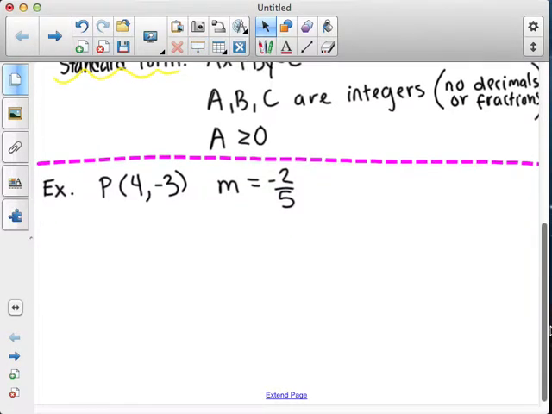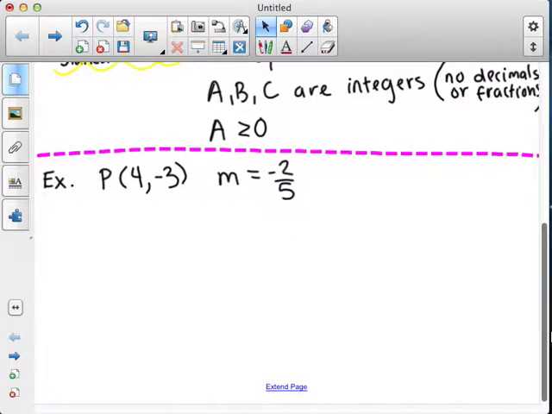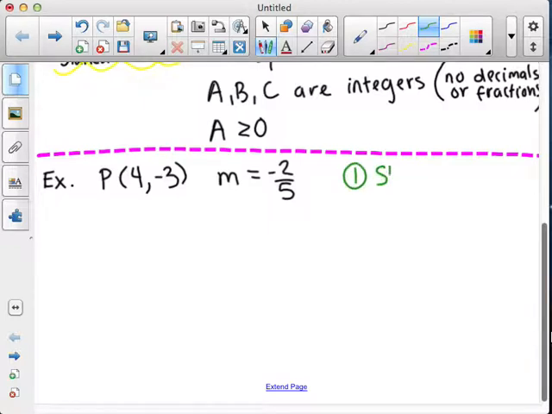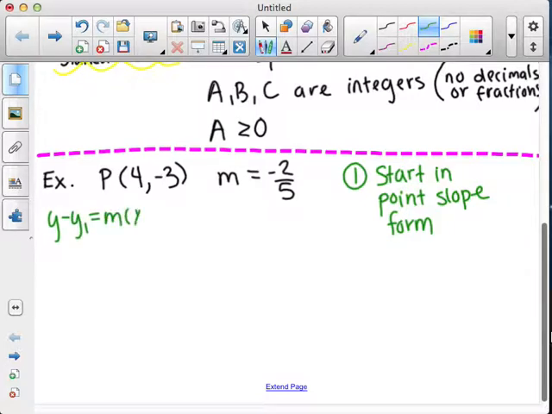When you start writing your equations, you're always going to start step 1 in point slope form. So I'm going to take point slope form, which is y minus y1 equals m times x minus x1, and you're going to substitute in your information.